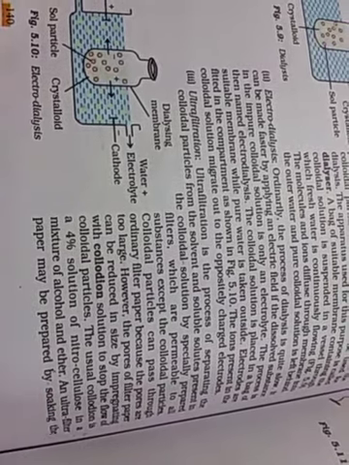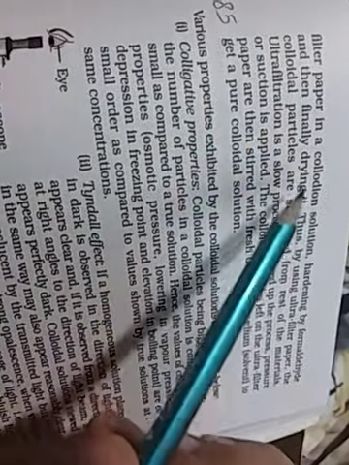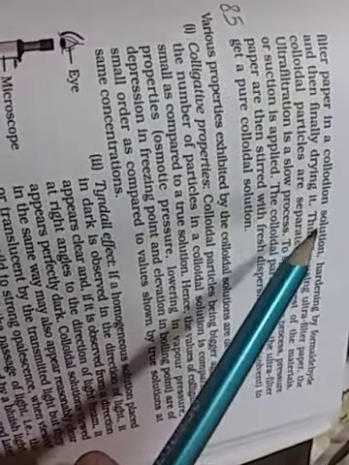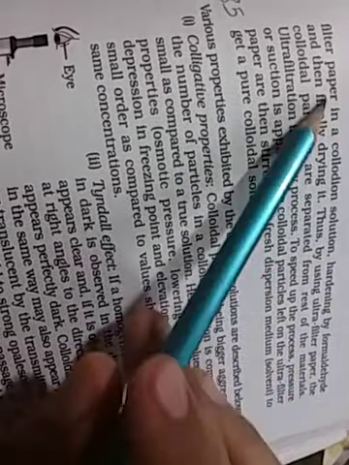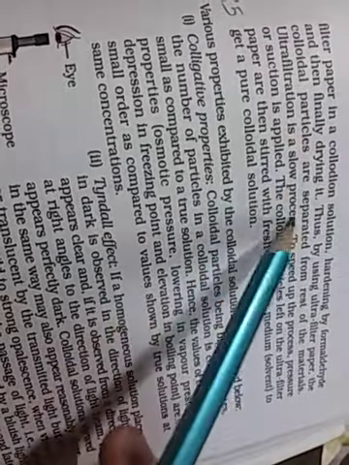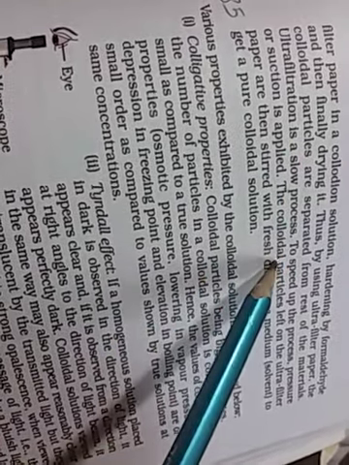An ultrafilter paper may be prepared by soaking filter paper in collodion solution, then hardening it with formaldehyde, and finally drying it. This paper is used for the ultrafiltration method.